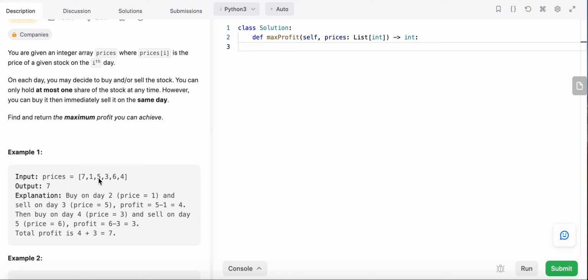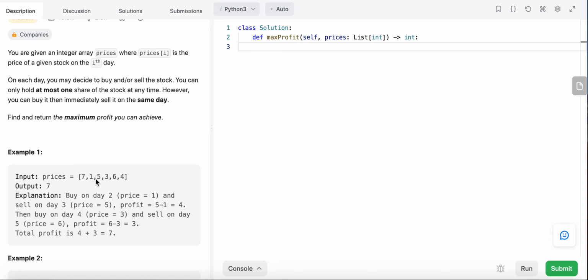And then we check the price on day 3. That's 5, and it's greater than the price on day 1. So in that case, if we purchase on day 2 when the price is 1, and then sell it on day 3 when the price is 5, we are guaranteed to make a positive profit of 4.